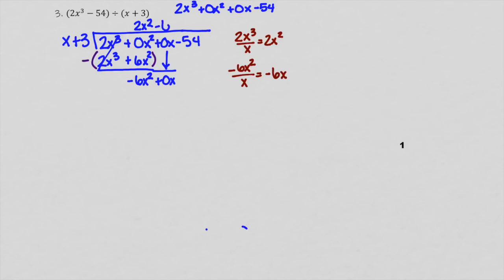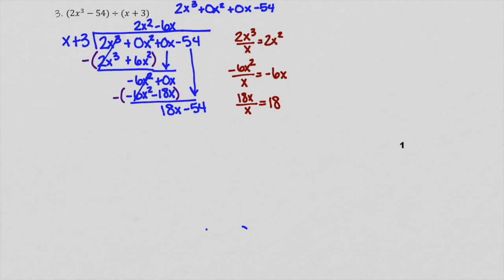So I put that on top, and I take that number times x plus 3. So negative 6x times x is negative 6x squared. Negative 6x times 3 is negative 18x. Subtract that. The x squareds add up to 0, and then I have a positive 18x. Bring down the minus 54. Find our next term by taking 18x and dividing it by x, and I get 18.